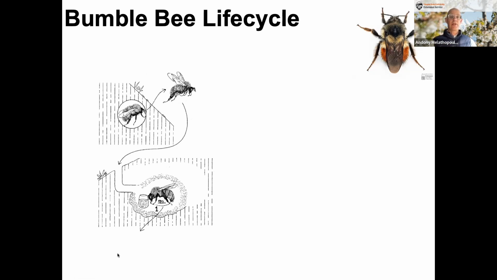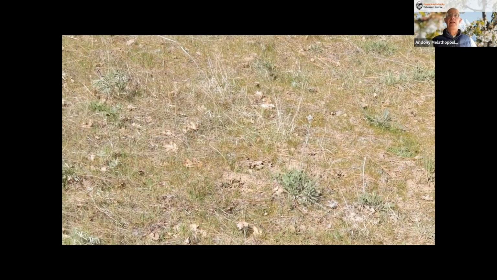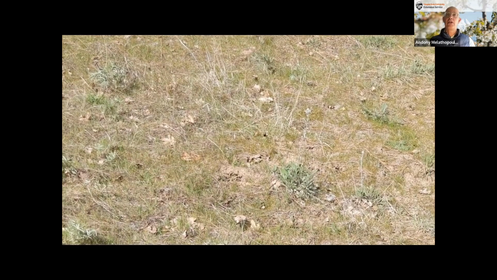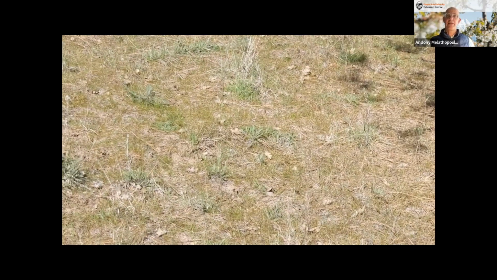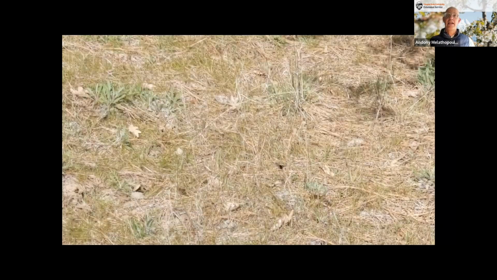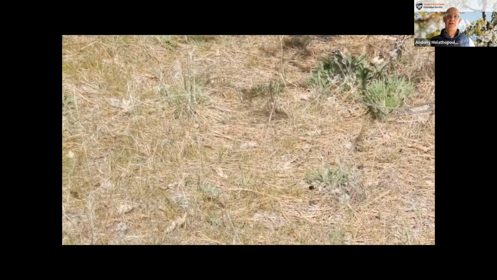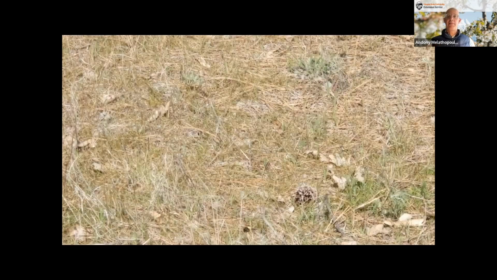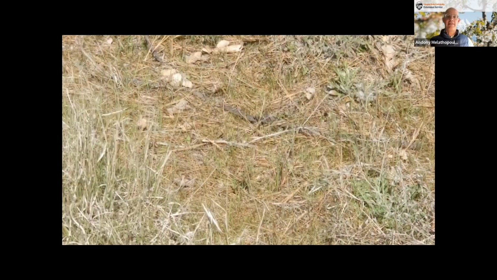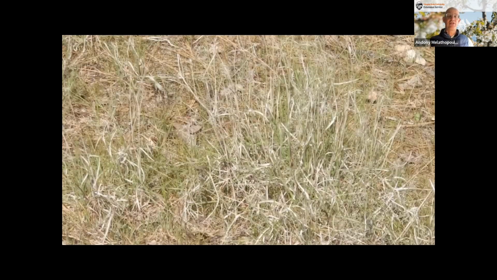When they're looking for nests, you'll be out working, and you'll notice these bumblebees flying close to the ground like this. They're just kind of hovering around. This is called questing behavior. What they're doing is looking around for a good nest site. You'll often see them find a little hole to crawl in. They'll crawl back out if it's not suitable. But this happens early in their lives, and after that, the nest is established.